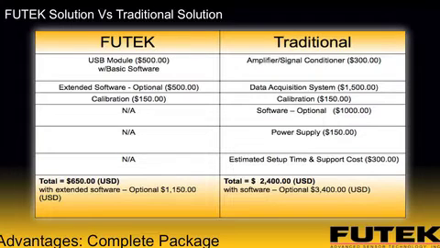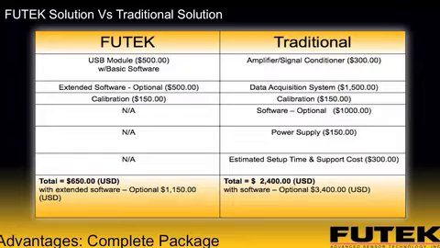Futek's USB solution is also cost efficient, so let's compare the traditional solution to the Futek solution. In a traditional solution, you'd have an analog amplifier or signal conditioner in the range of $300 and a data acquisition system up to $1,500, which would also require calibration at $150.